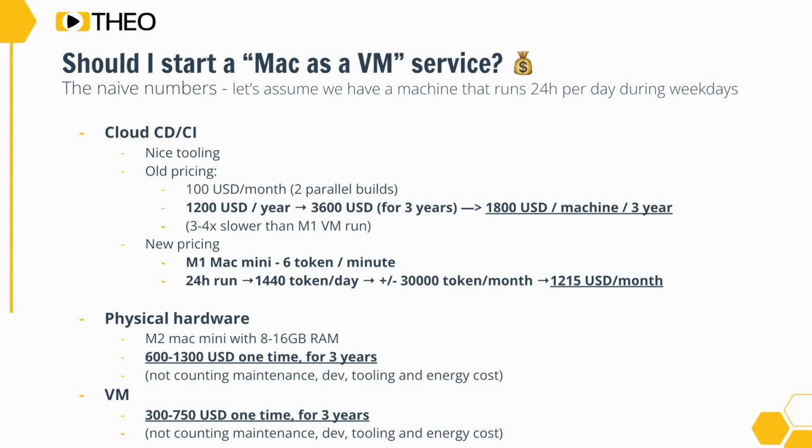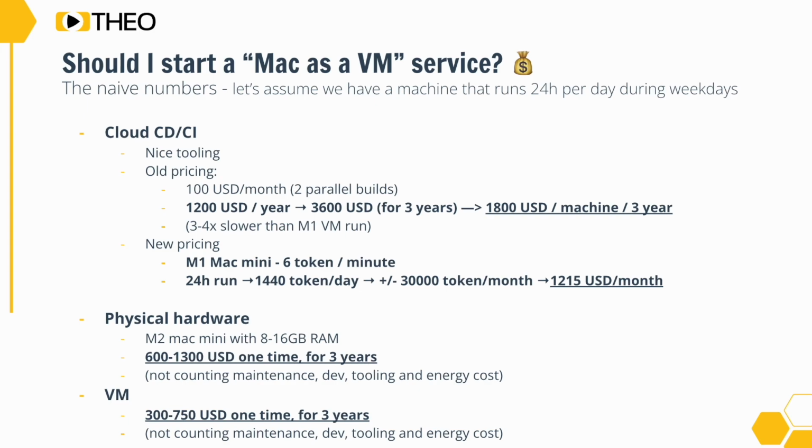Basically, if you buy the latest M2 Macs, what Apple provides today, then you can get a basic one for $600, or a pimped version, which is really good, for $1,300, and that's a one-time payment, and that machine is good for you for 3 years, and that's the whole cost you spend on the machine. Obviously, not counting the maintenance, the development cost, and tooling, and the energy, and whatever.